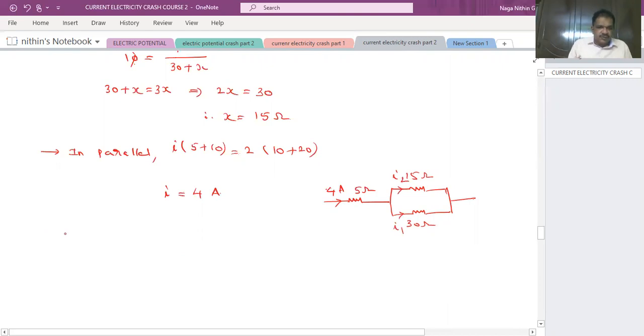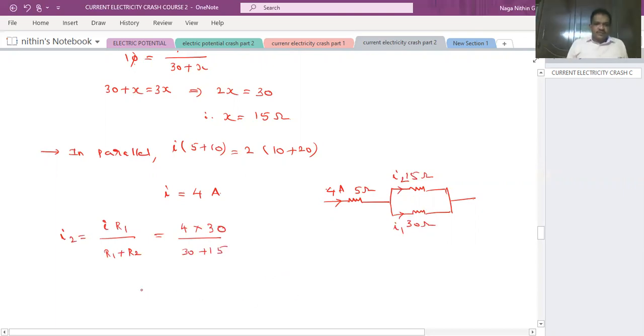I2 is equal to I R1 by (R1 plus R2). 4 into 30 by (30 plus 15).